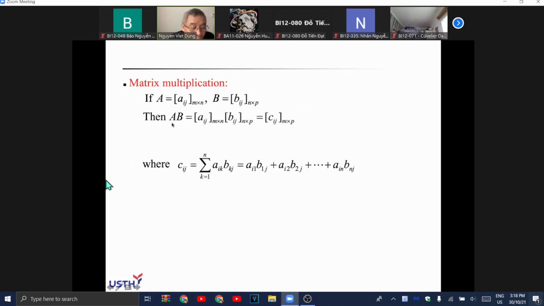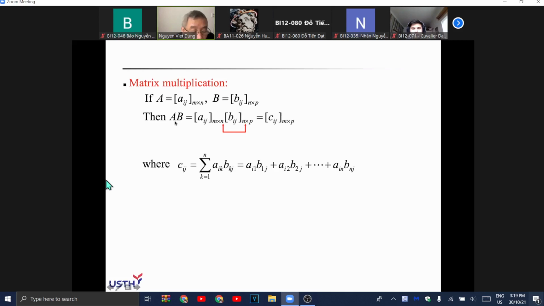Then we define the product or the multiplication of A and B to be a new matrix denoted by C of the size m by p. And each entry Cij is given by the very complicated formula like that one. So first, I call your attention to the size of A and B.